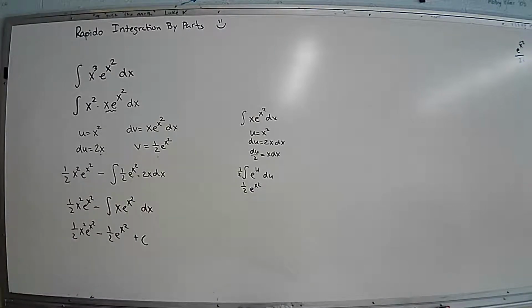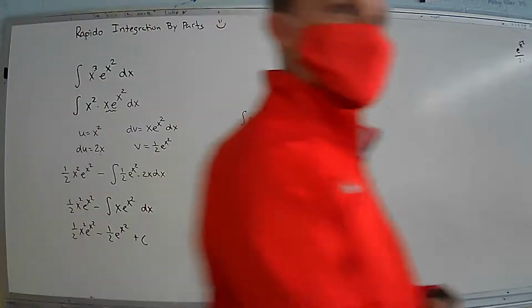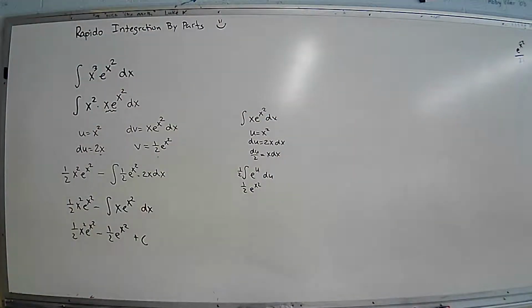Do you see the connection to borrowing or regrouping? Did you see that? Like that's what you're doing there. You're saying, hey, I've got x cubed here, but I need one of those. I need one of those x's. Because just like right here, I couldn't subtract 0 minus 9, right?